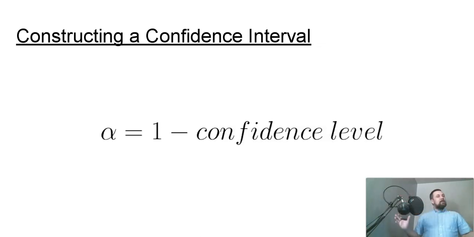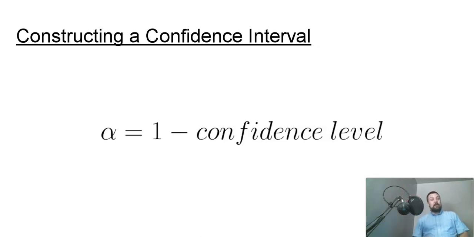So it might seem kind of backwards, but the less confident we are, the more narrow our estimate can be. If I'm willing to just be 90% confident, I'll get a small window as an estimate, which is nice, but I'm less confident about it. If I want to be 99% confident, I get a bigger window for my estimate. So I'm more confident that I'm actually containing the value that I'm trying to estimate, but it's a wider estimate. So in that way, it might not be as useful.